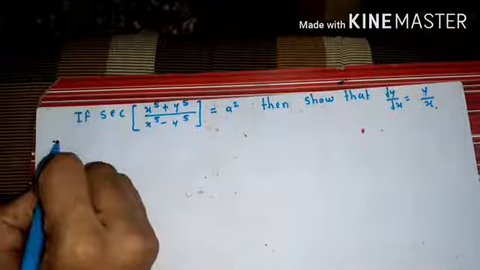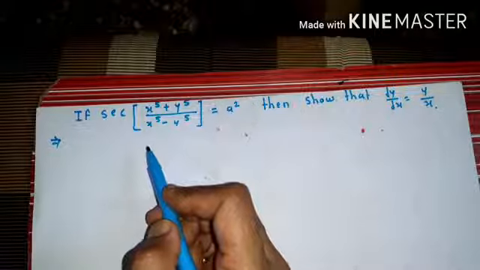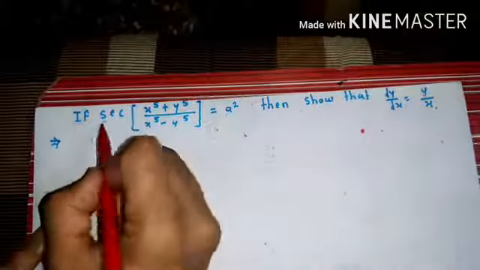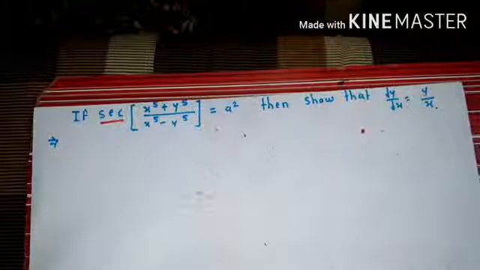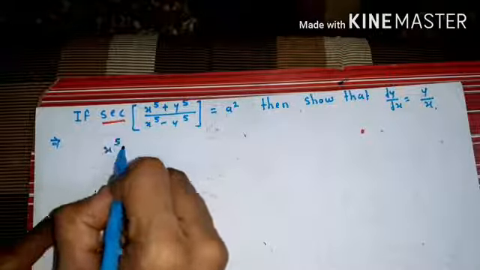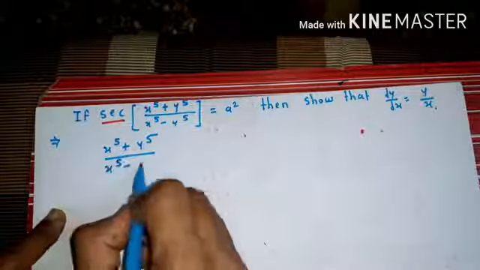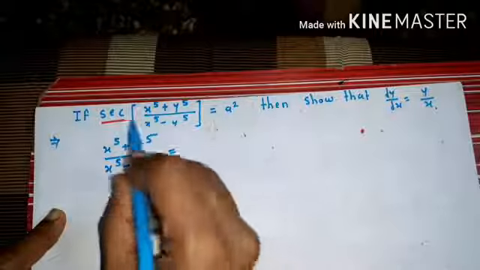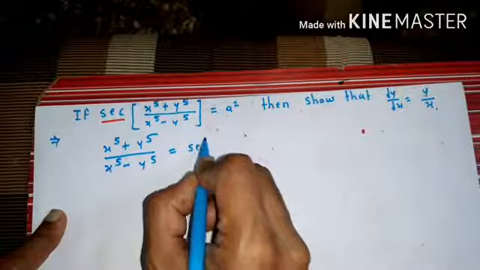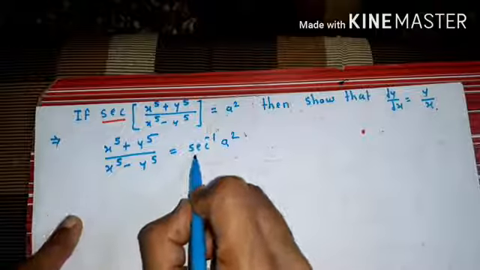To solve this type of problem easily, the first thing we have to do is shift the sec to the other side. Then we get (x^5 + y^5) upon (x^5 − y^5) equal to sec inverse of a square.